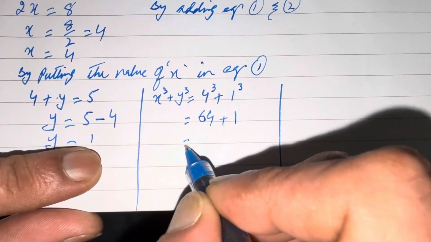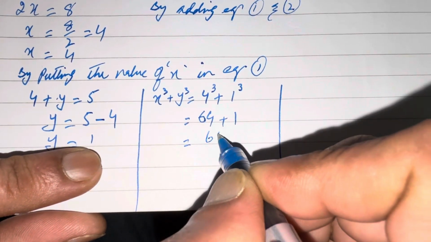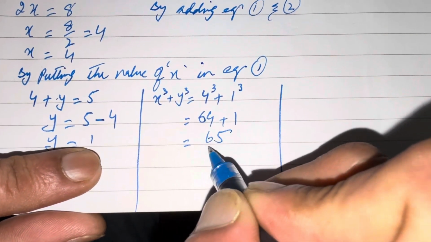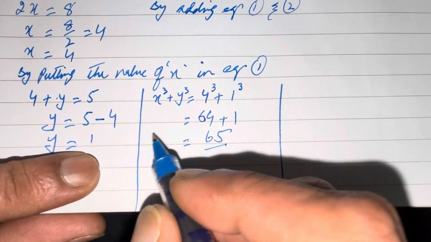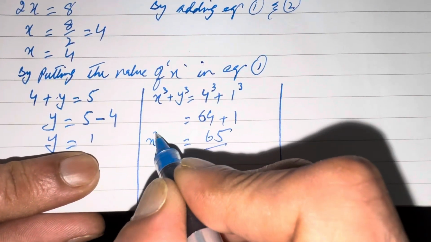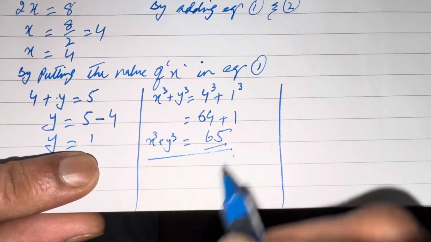So 64 plus 1 will be equal to 65. So 65 is the value of x cube plus y cube.